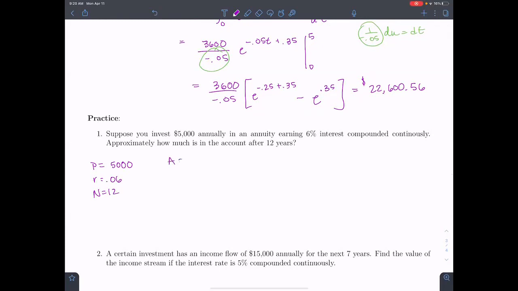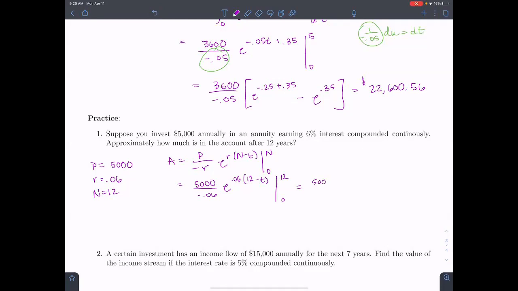So our annuity amount is going to be P over negative R, times e to the R times N minus t, evaluated from 0 to N. So 5,000 over negative 0.06, e to the 0.06 times 12 minus t, evaluated from 0 to 12.